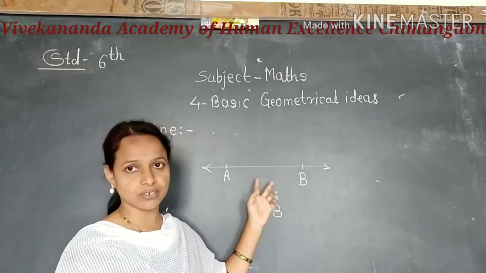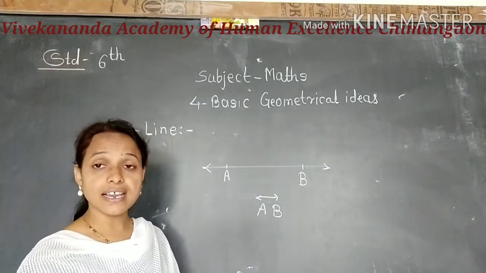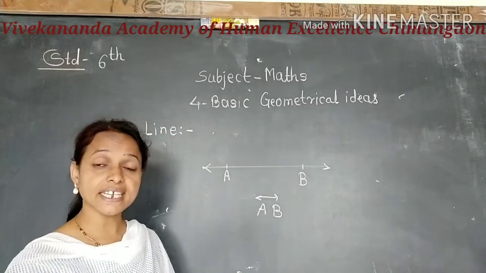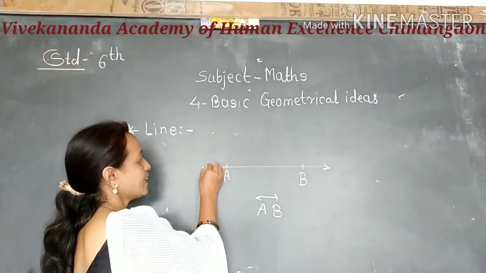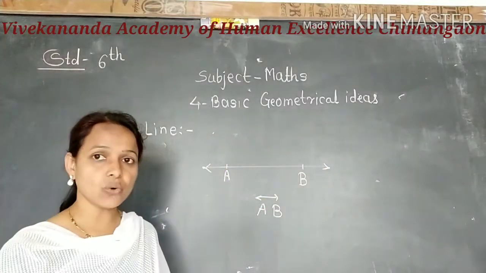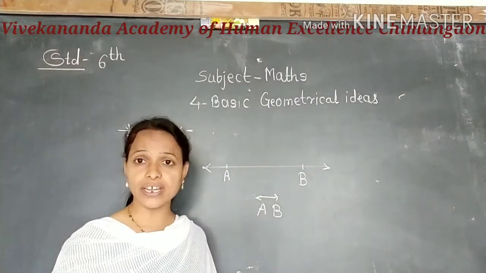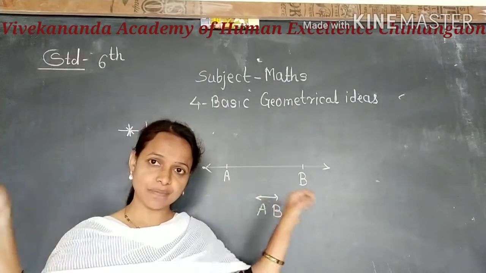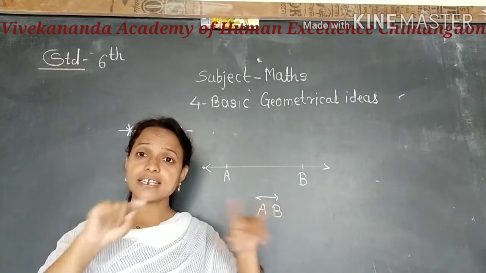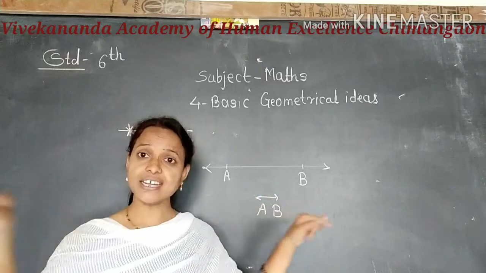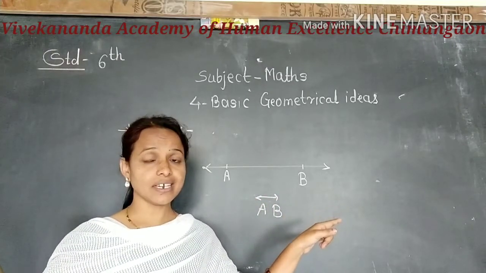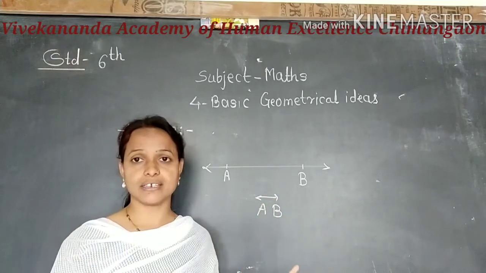indefinitely in both directions. Listen, students, a line can be extended indefinitely. What I said, this arrow means it has no end. So we can extend it in both directions indefinitely. Indefinitely means it has no end.